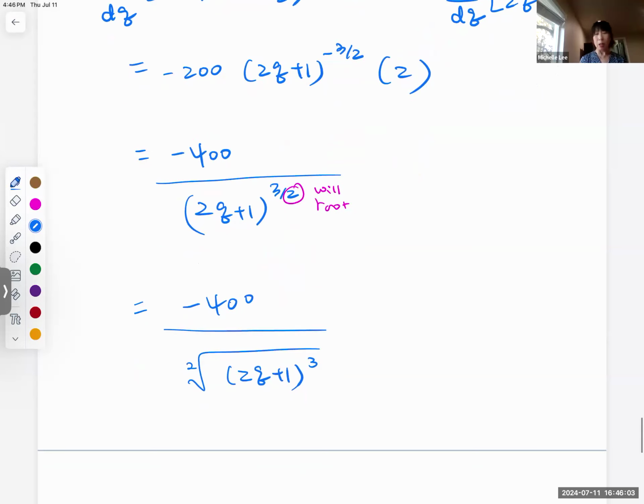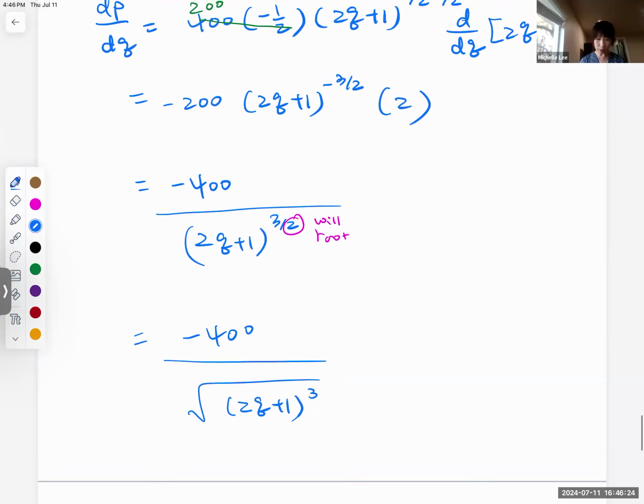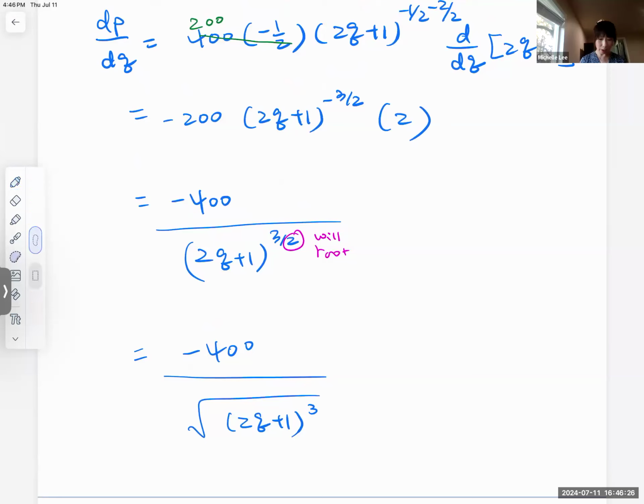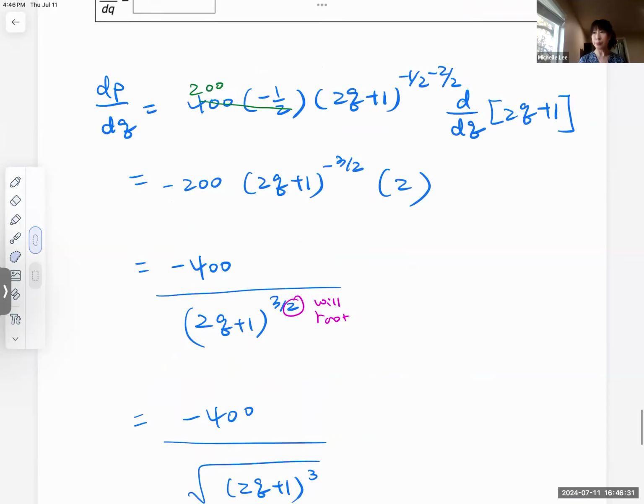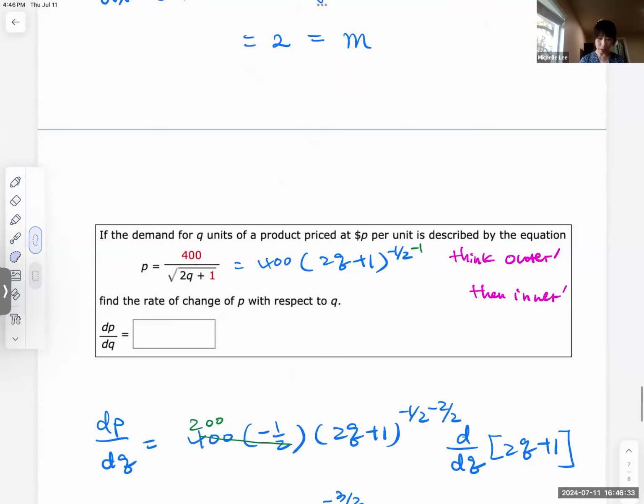Okay, in general, we don't write 2 as the index. We call it the index. We start with 3, which is a cube root. Square root, normally we don't write down, okay? All right, so this is the answer. So we can write down the answer, copy this one, here.